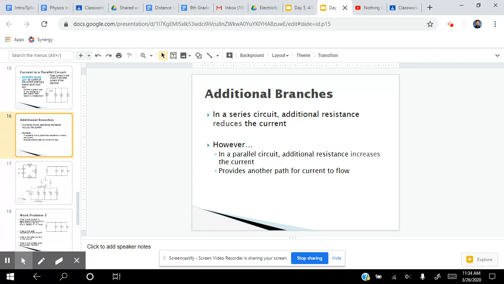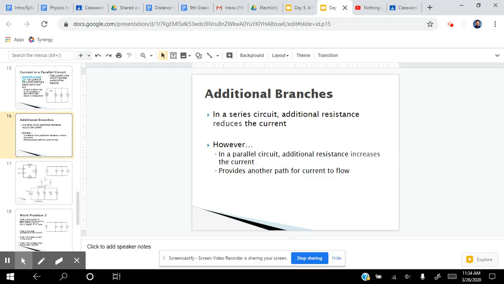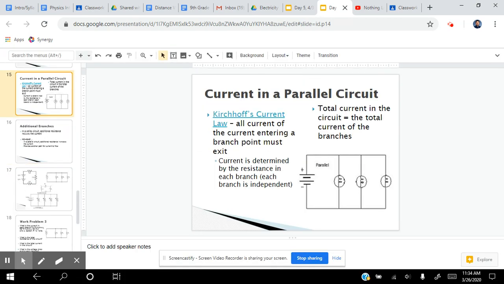However, in a parallel circuit, additional resistors are going to increase the overall current. If I have a bunch of different branches of current, where they're all 3 amps, 3 amps, 3 amps, and I keep adding those branches, that total current is just going to keep increasing and increasing.